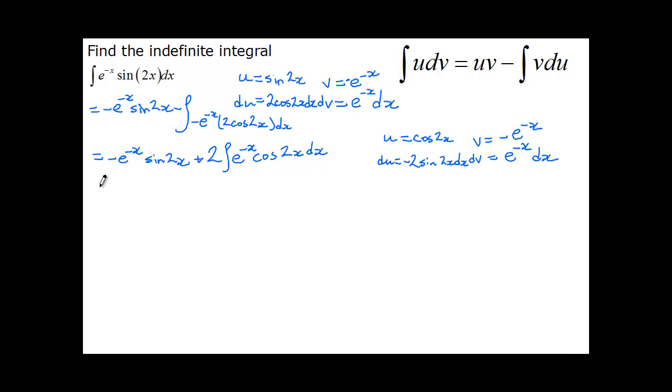Applying the formula again, we get this part staying the same. This is the part now we're working on, so that's going to be plus 2 times, and now we're applying the formula, so u times v, minus e to the minus x cosine of 2x, minus the integral of v, I'm going to put these in brackets, and du.